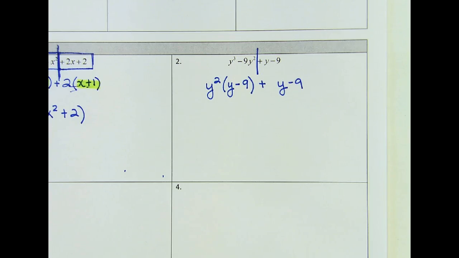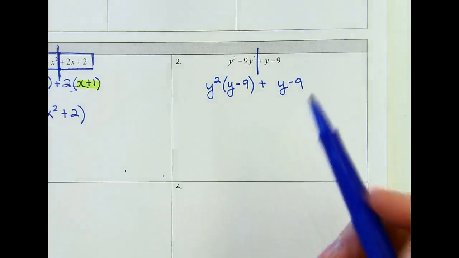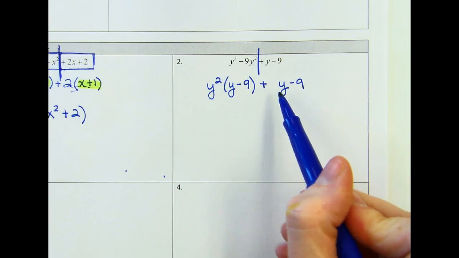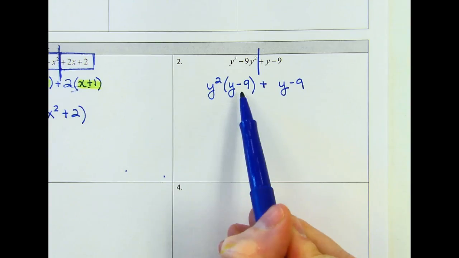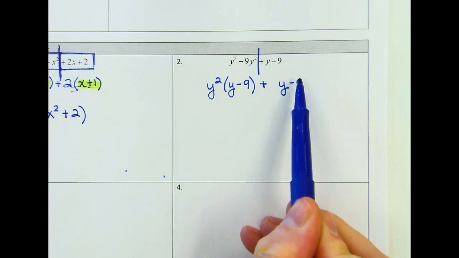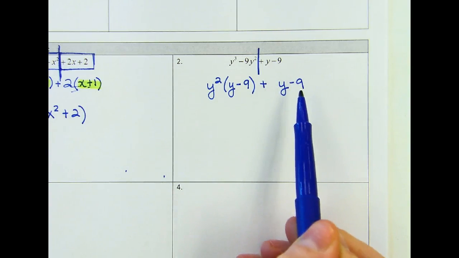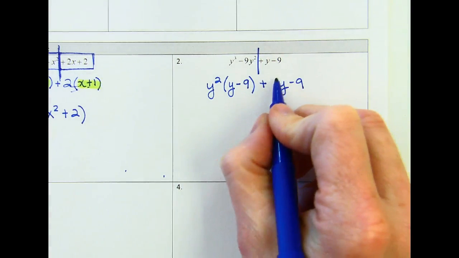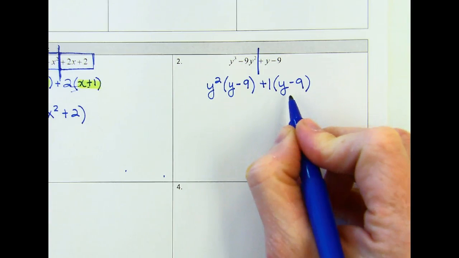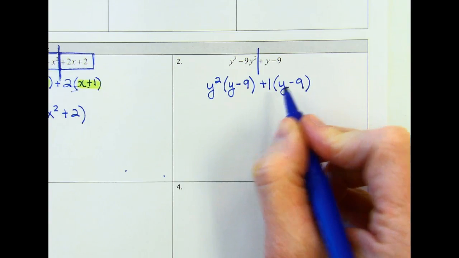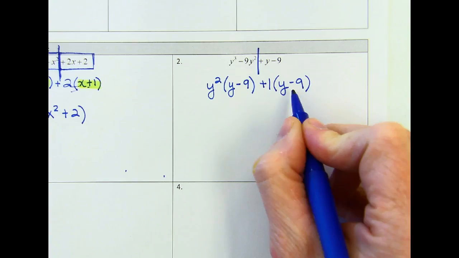Okay, now after you looked at it, you may have got stuck here because you may have thought that you messed up. Because what I have successfully done is I have factored the beginning 2 here, but I have nothing to factor here. So you must factor both sides. So what you do is you put a parenthesis around that and you pretend that you take a 1 out of it. So now we have matches again.